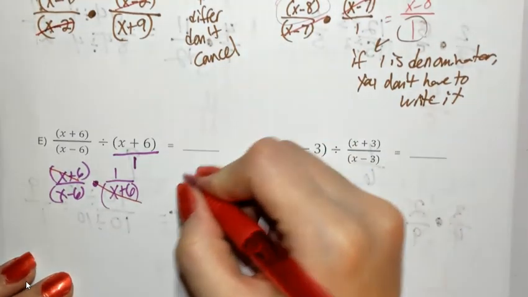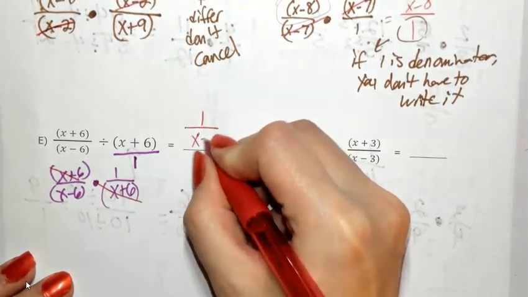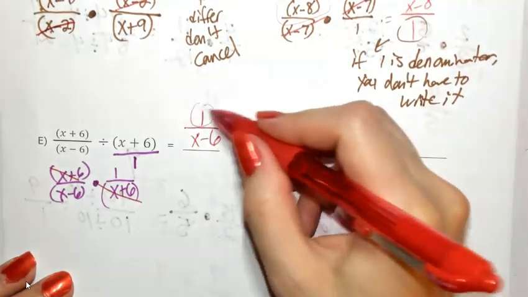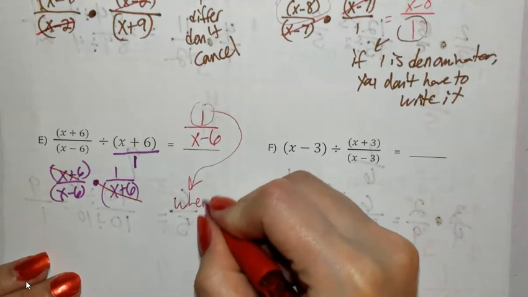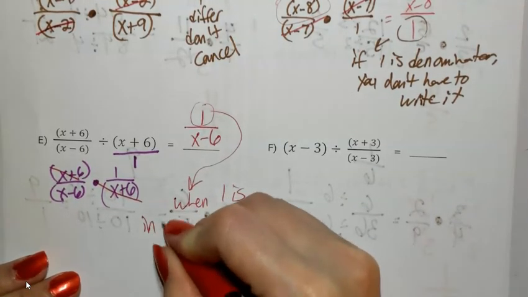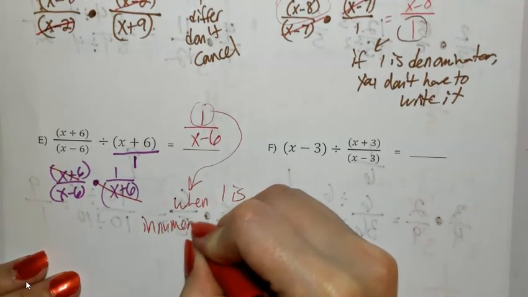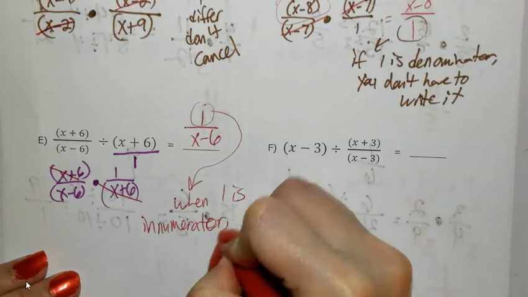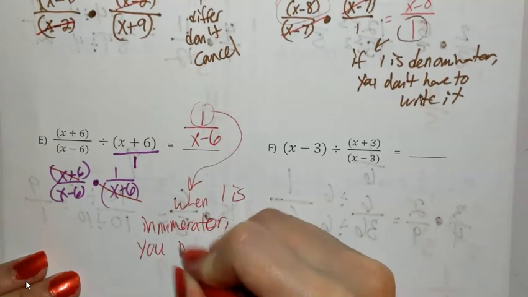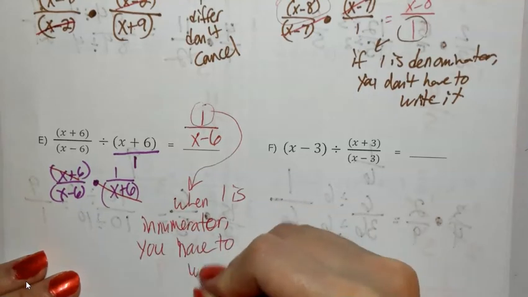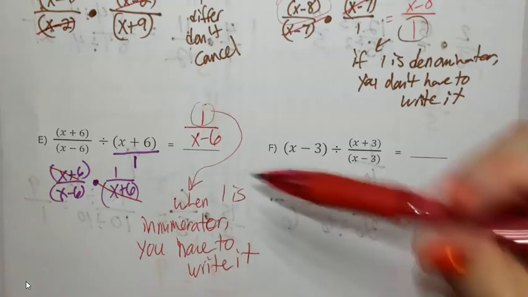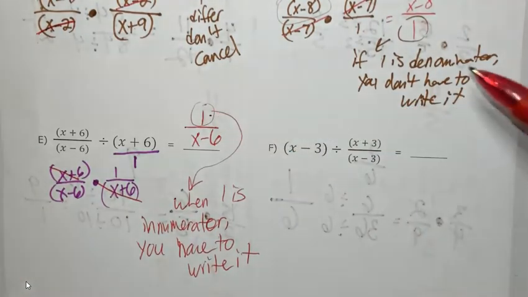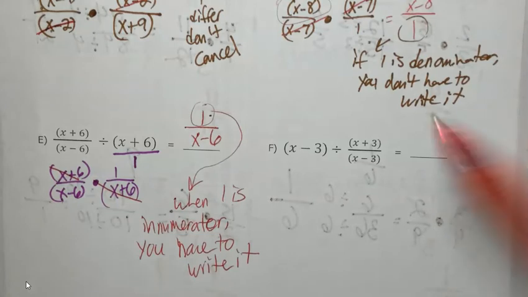So you're left with 1 over x minus 6. So when 1 is in the numerator, you have to write it. If 1 is in the denominator, you don't have to write it.